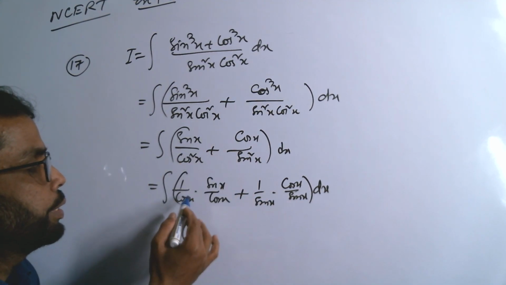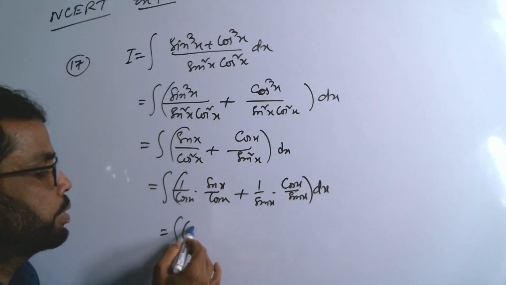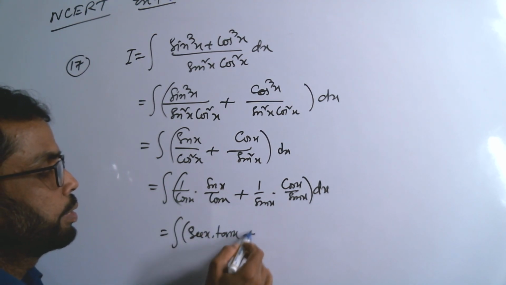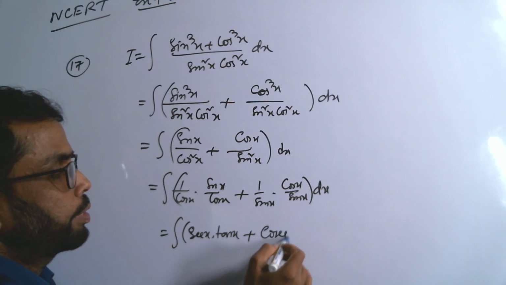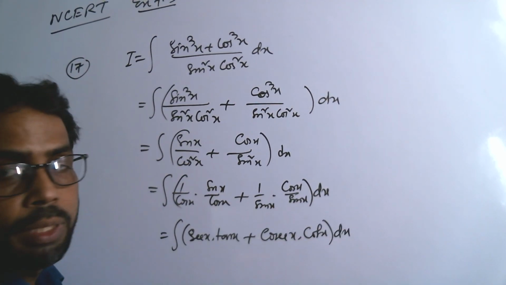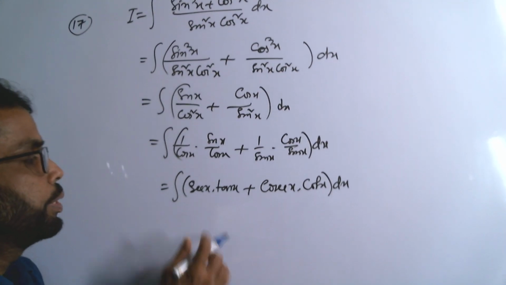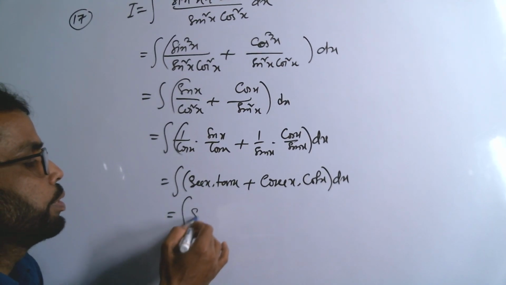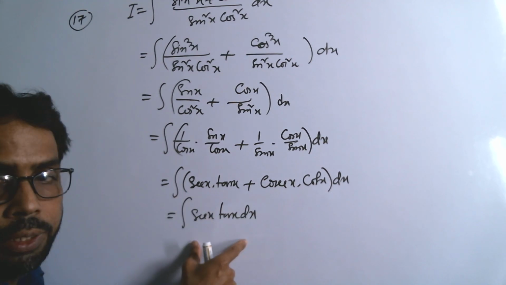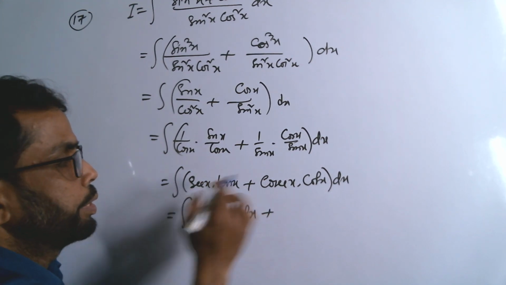Now basic trigonometric identities: 1 by cos is sec, sin by cos is tan, 1 by sin is cosec, cos by sin is cot. Then separate into sec x tan x dx. Integration of first plus integration of second.